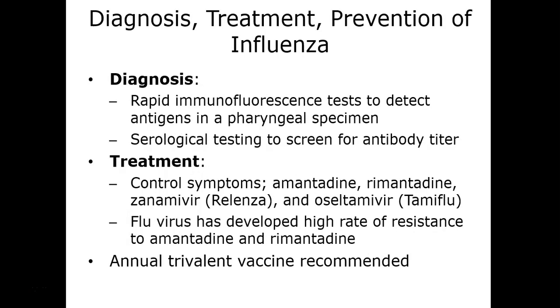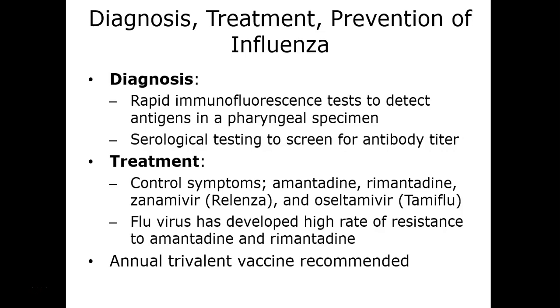So how do we diagnose it? Well, we can do immunofluorescence testing to look for antigens from a throat specimen. We can also test the blood serum to look for the antibody titer, the amount of antibodies produced for influenza.